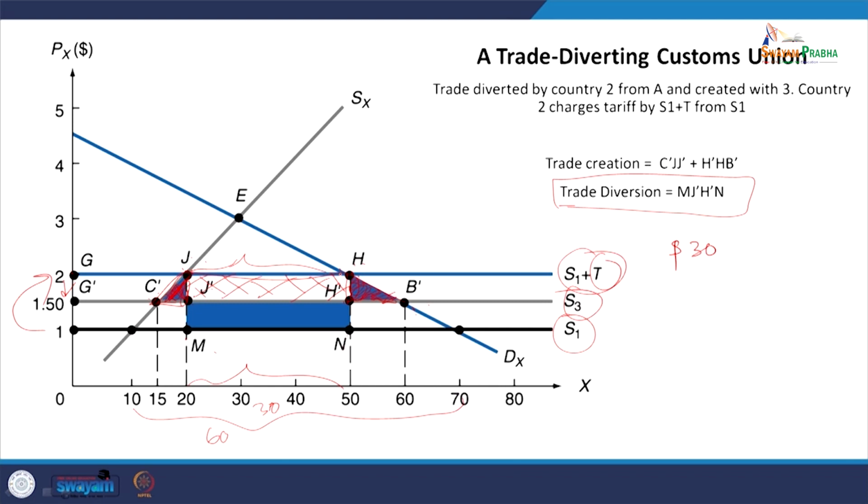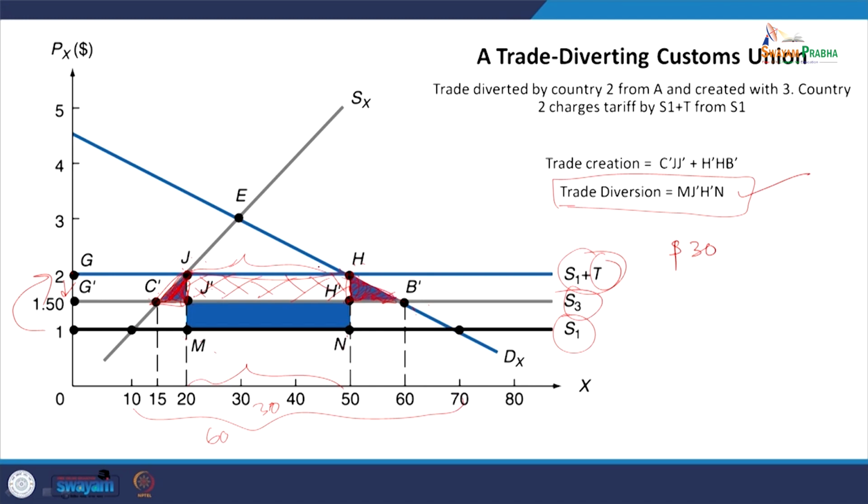The trade diversion is the area, as I said, in this connection M, J, H and N. Out of that, the net loss is M, J prime, H prime and N. This is called trade diversion. And net trade creation is C prime J, which we already highlighted in the two triangles.